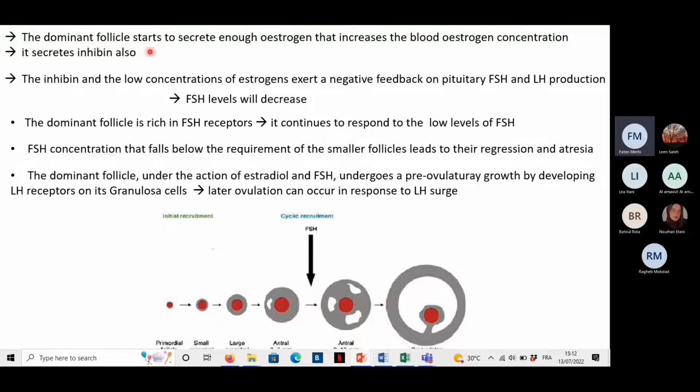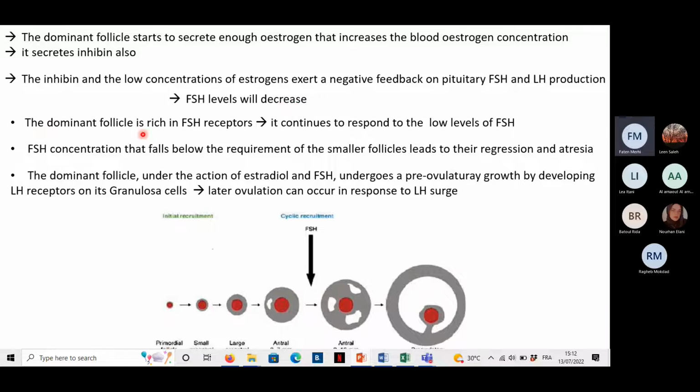The dominant follicle starts to secrete enough estrogen that increases the blood estrogen concentration, and also this dominant follicle secretes inhibin, and the inhibin and the low concentrations of estrogens will exert a negative feedback on the pituitary FSH and LH production, which will lead to FSH levels decreasing.